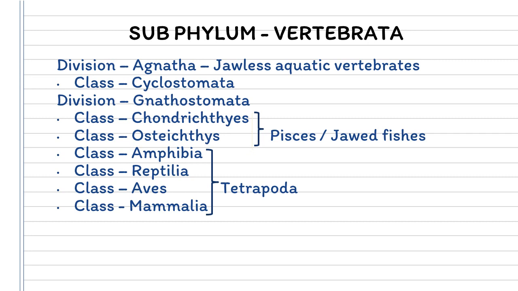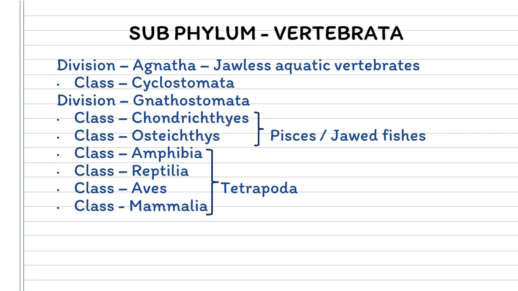Among these, the first class Cyclostomata comes under the division known as Agnatha. Agnatha means jawless aquatic vertebrates. It is an aquatic organism.